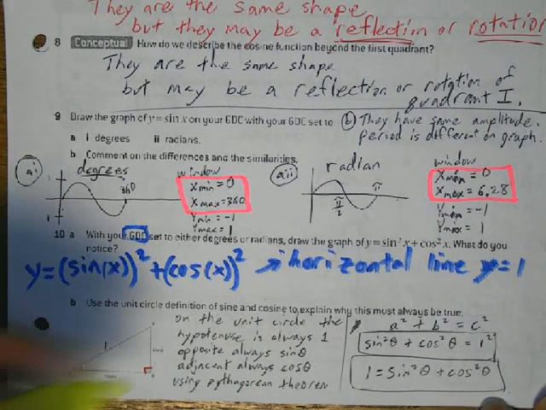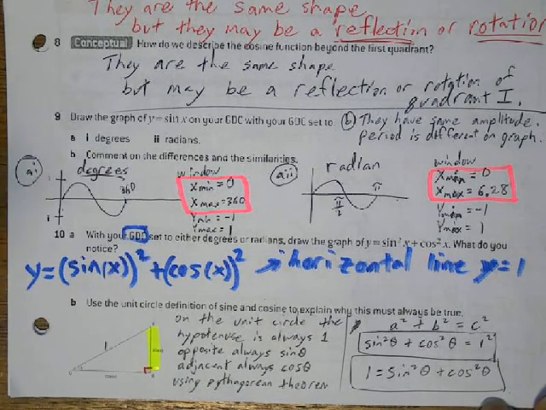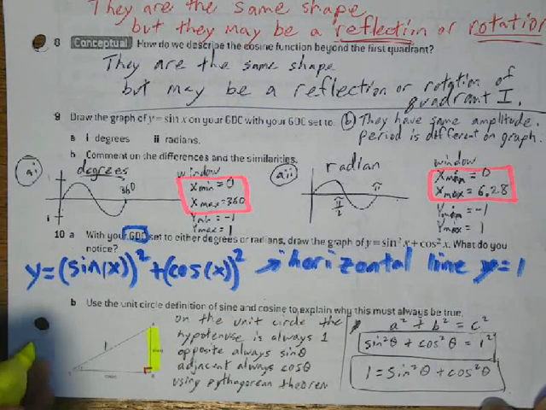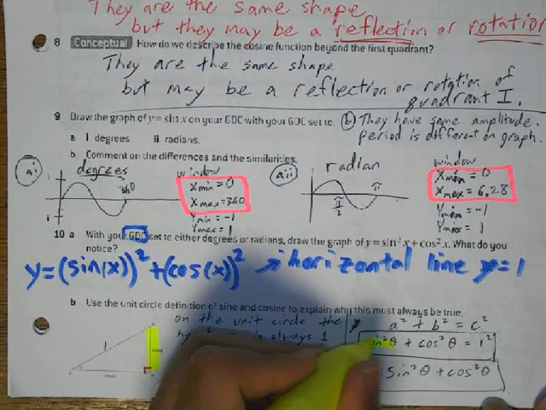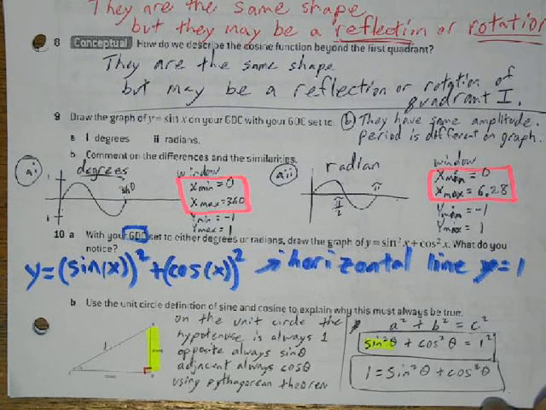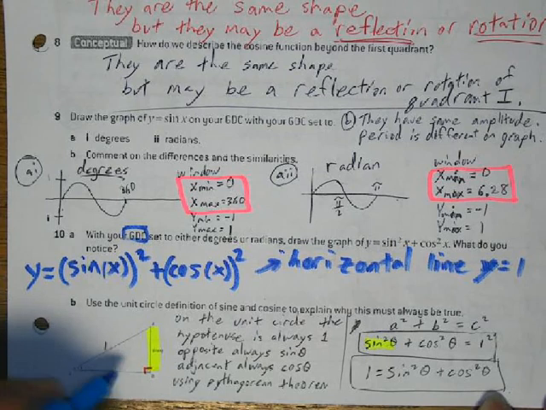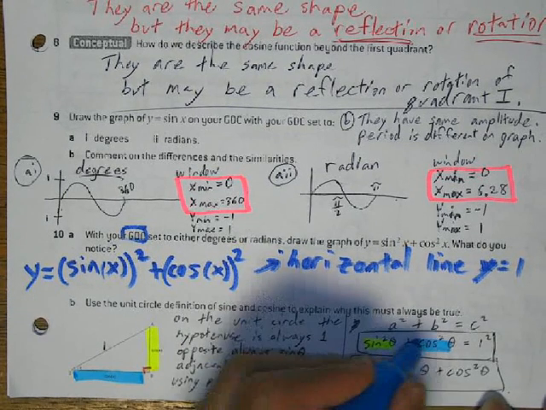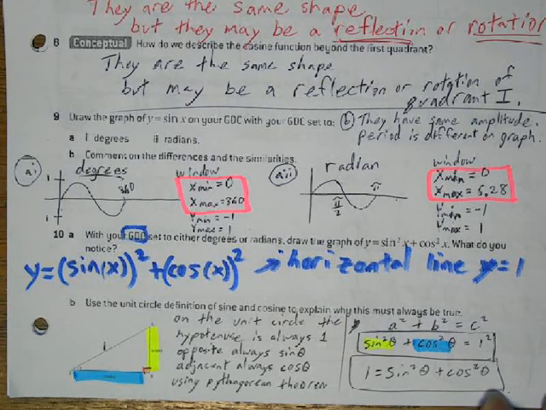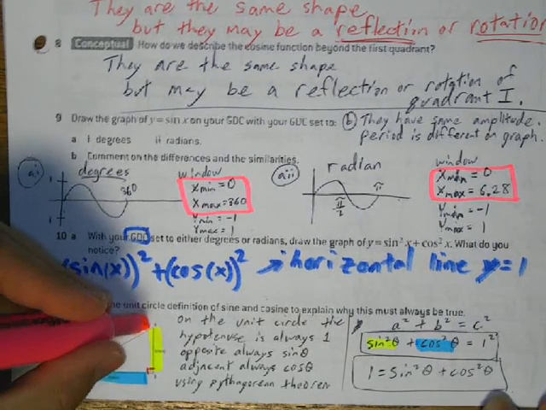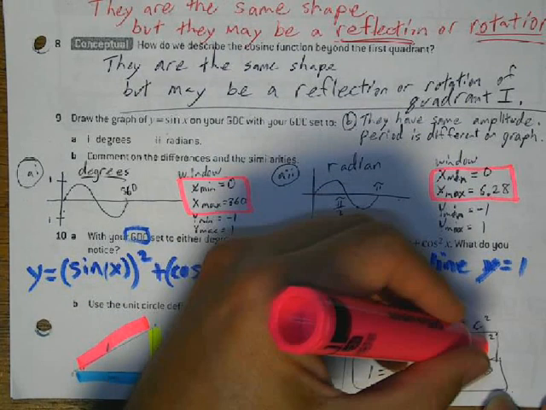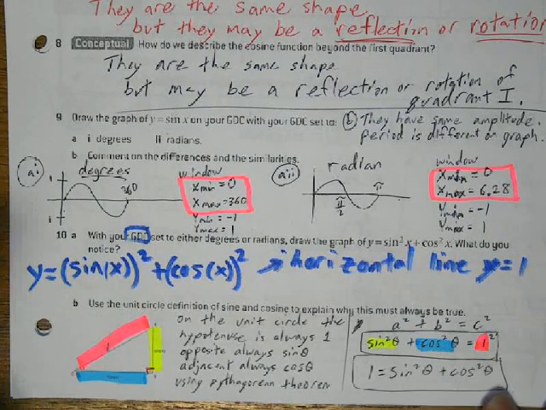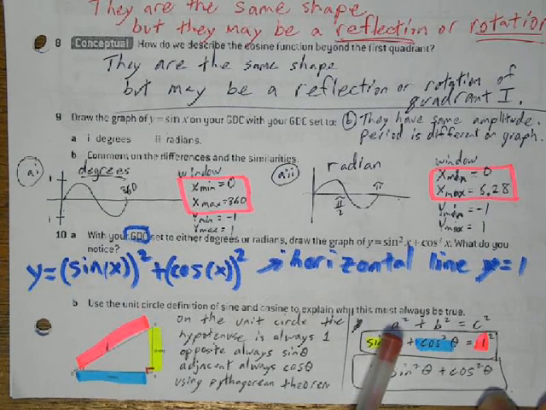If this leg is sine, and this leg is cosine, and the hypotenuse is 1, then I can use the Pythagorean theorem to say a squared plus b squared equals c squared.